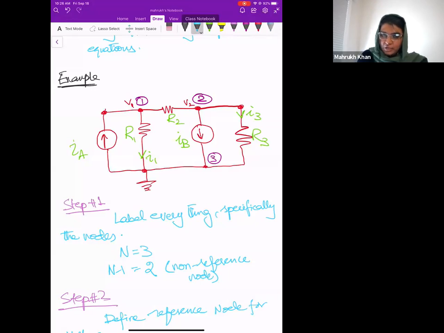I think if I know V2 and V1, I can find the rest of the things. Like if you are thinking that this voltage is also unknown, this voltage is equal to V2 minus V1, or V1 minus V2, it's up to you how you define it, okay? I just need to know the voltages V1 and V2 to calculate other unknowns.